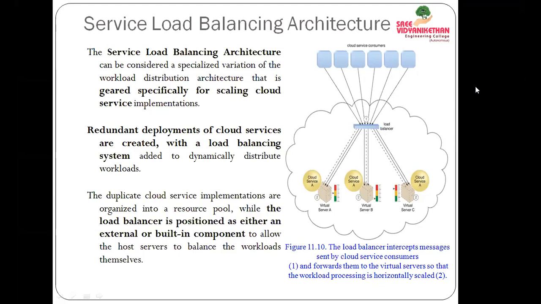Again, it repeats. Now the load balancer will be keeping an eye on both the scales, that is, the scale on virtual server A and the scale on virtual server B. It will go through these scales, and accordingly decide whether to go with the next server or not. Likewise, it keeps on continuing.